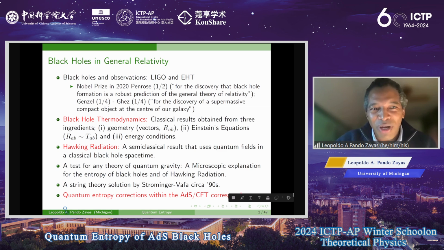Of course, these two facts bring us to face the fact that we need a quantum theory of gravity that would be able to explain microscopically the entropy.